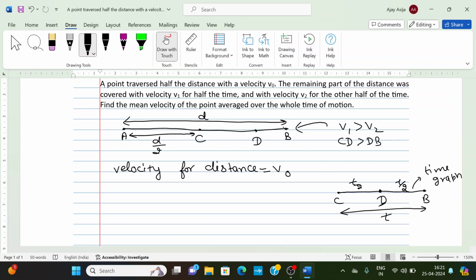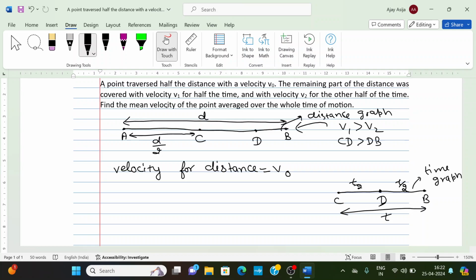But in the distance graph, we cannot put the point midway between C and B, because the distances are different.